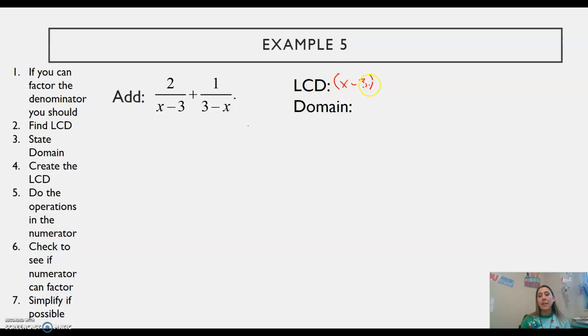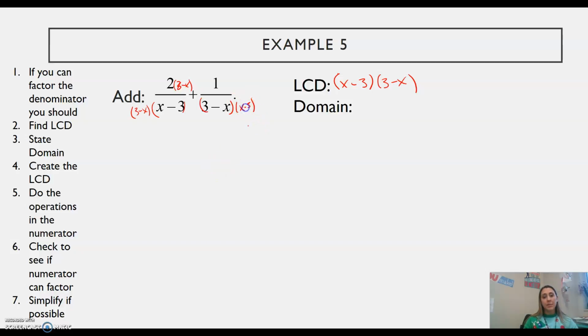And then we have a 3 minus x, which is different. So I need to create the least common denominator, so I'm going to multiply this by 3 minus x, and this one I have to do top and bottom. And then I'm going to multiply this one by x minus 3.